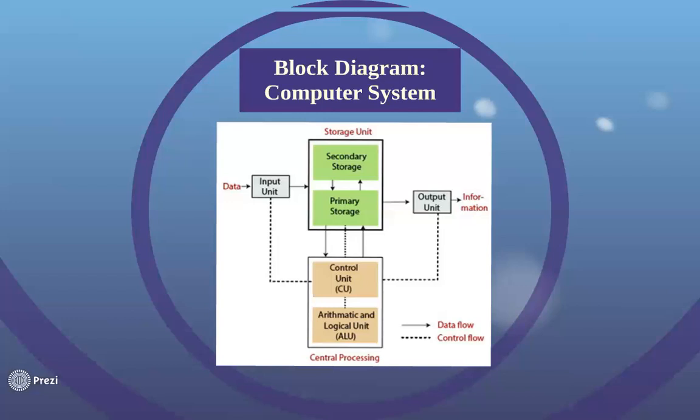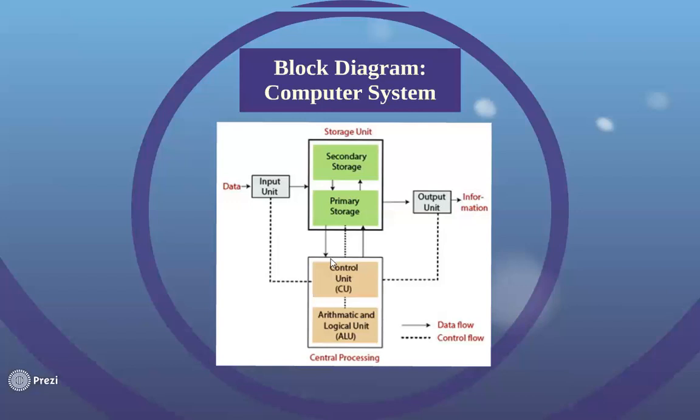So if you see, the input unit has a single one-sided arrow, going out of the input unit. From the CPU to the storage unit, you can see there are double-headed arrows, that data is going to the storage unit and data is coming from the storage unit.